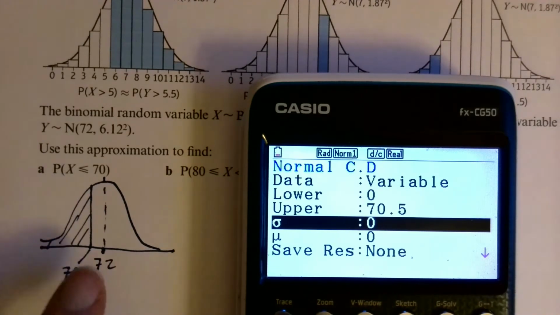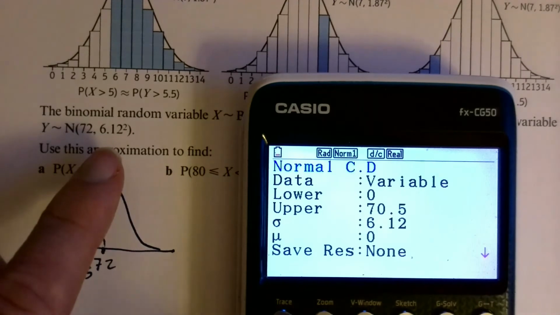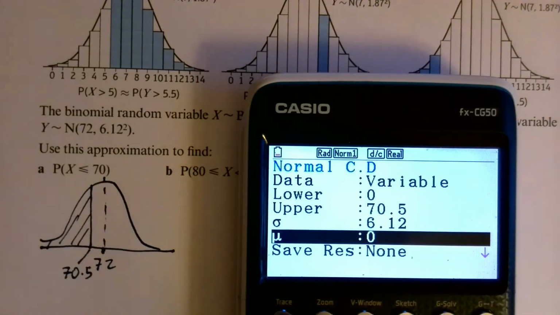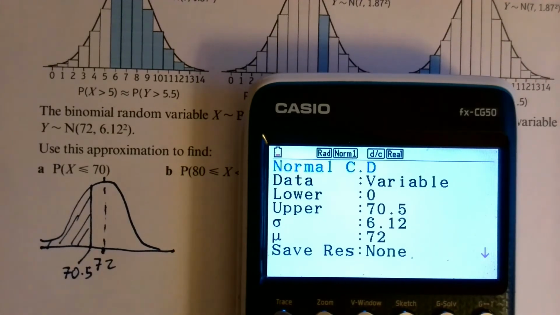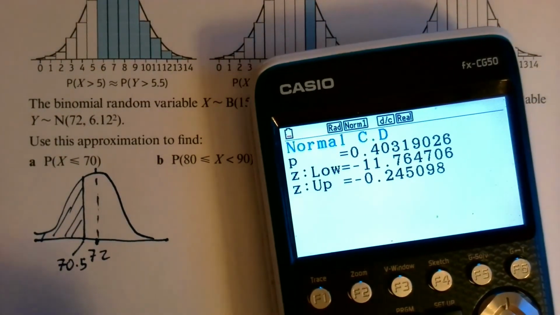Our standard deviation is 6.12. The mean is 72. And that's giving us a probability of 0.40319. So remember, always want these given to 4 decimal places. So the probability is going to be 0.4032.